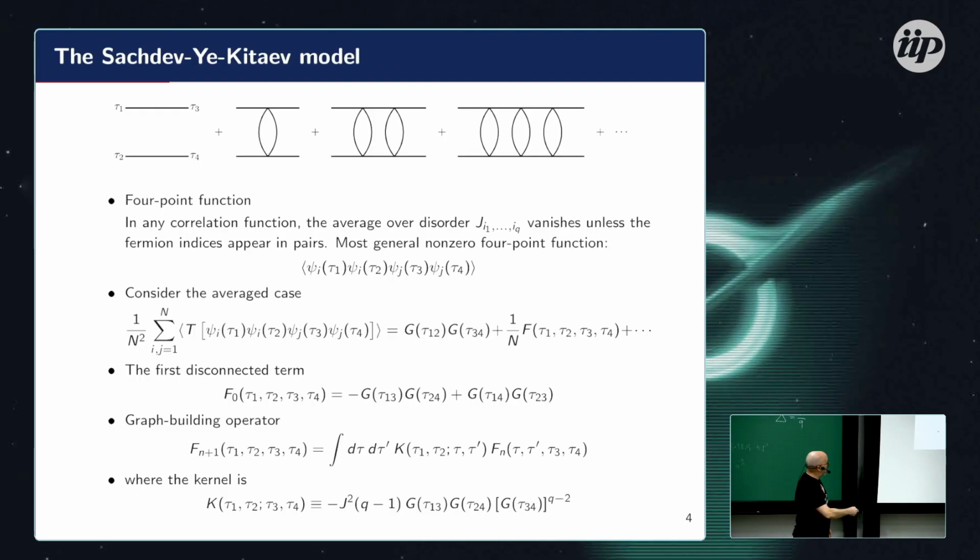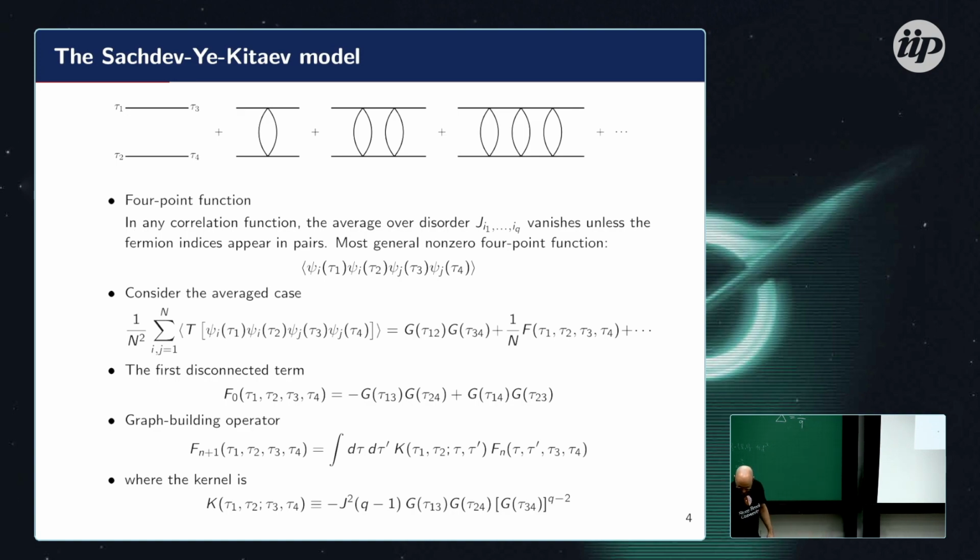And this K here, the kernel for the ladder, I have Q minus 2 of these vertical legs. Here in this case, this is just 2, because Q is equal to 4. And I'm adding also these two extra propagators here along the ladder. Okay, so this is the kernel.